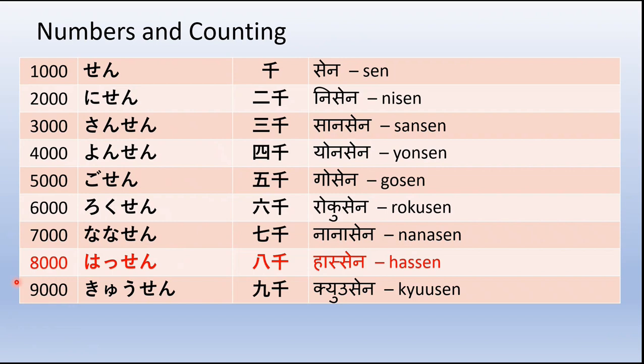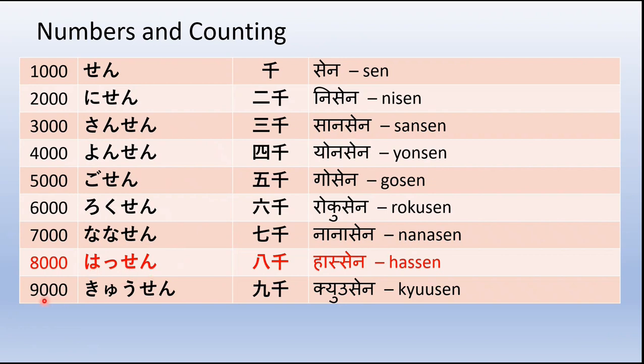Since hachisen is not that fluent to pronounce, it has been merged into hassen. This is ha, this is small tsu, followed by sen. So this small tsu creates the double consonant sound for hassen.